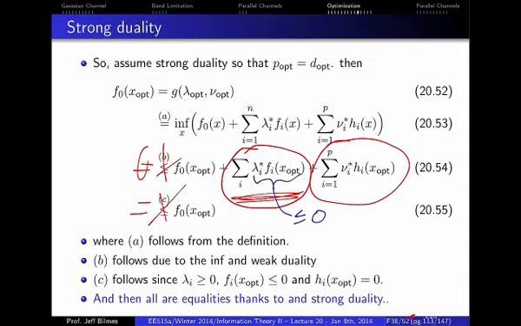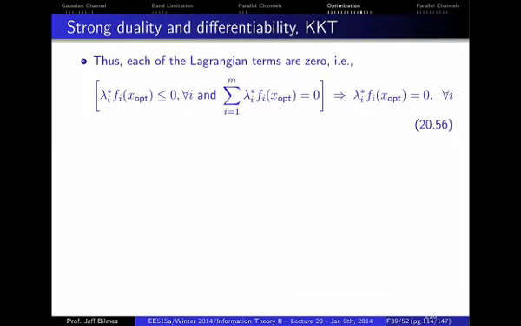So we're summing up a bunch of non-positive values that equal 0. When we sum up a bunch of non-positive values, each one of them is non-positive, and the sum is equal to 0. So that must mean that each one of them individually is equal to 0. It's the only way to get that.